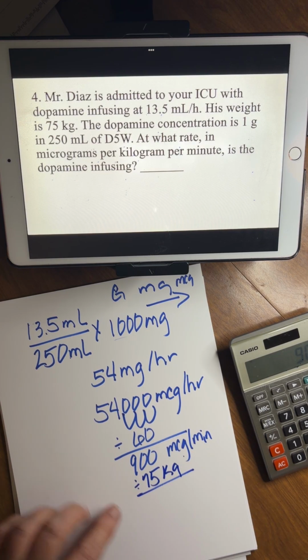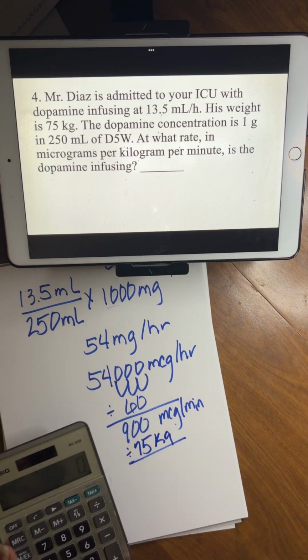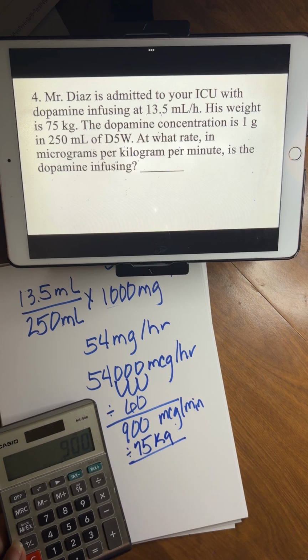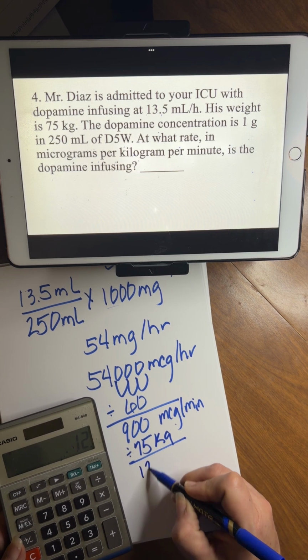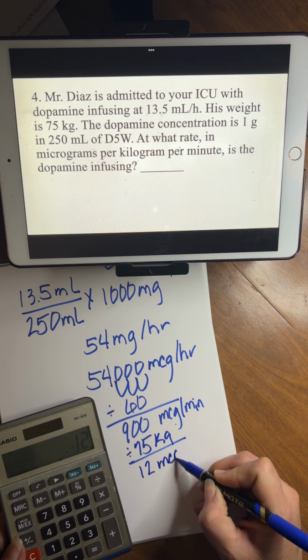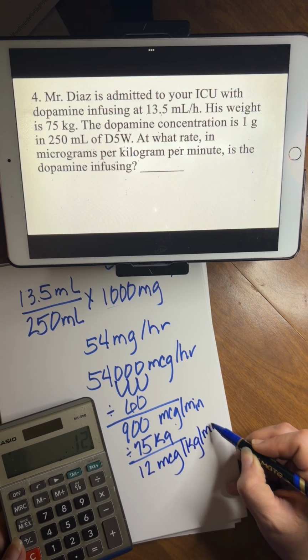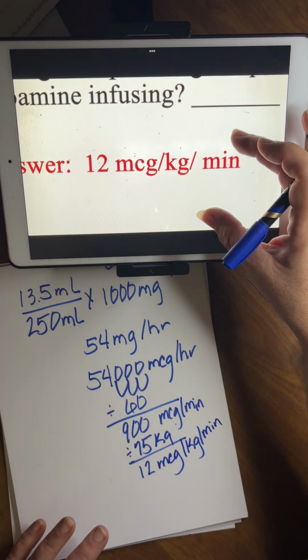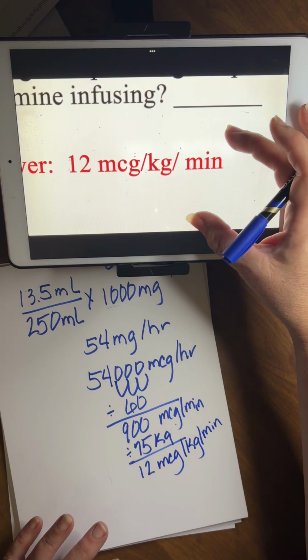And that's going to give us how many micrograms per kilogram he's getting per minute. 900 divided by 75 is going to be 12 micrograms per kilogram per minute. Boom. We saved another one in a mighty fine fashion.